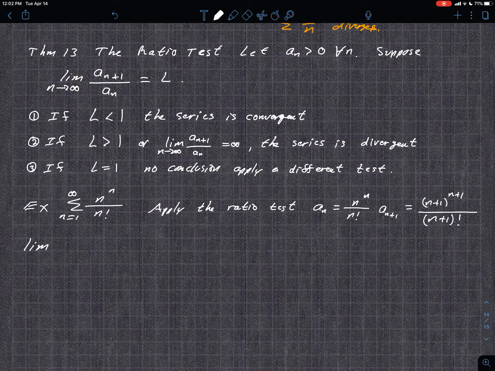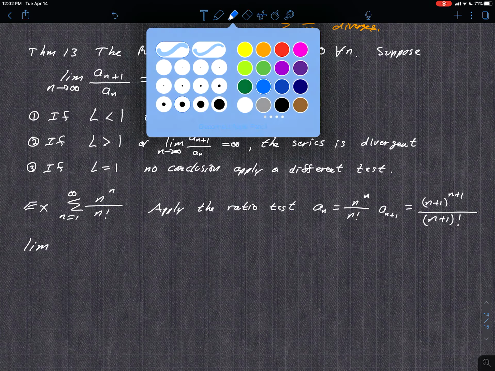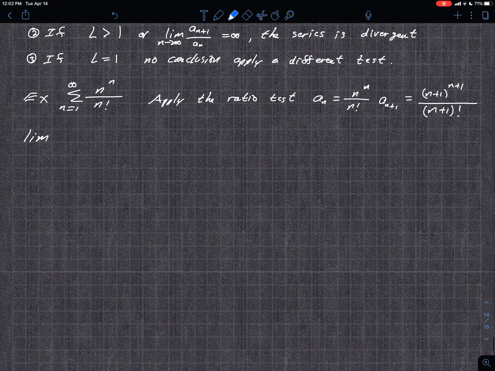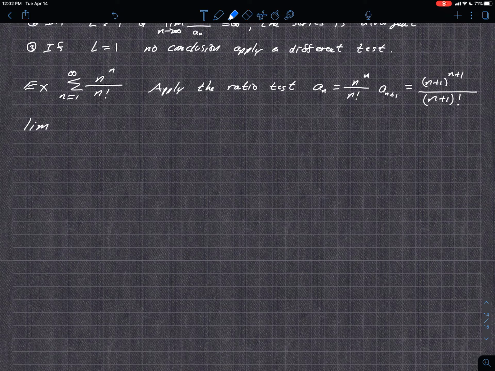Does it satisfy the hypothesis? Basically, yes, because it's positive. The only real issue here is that you have a positive term sequence, and that's true. So we have the limit of a sub n plus 1 over a sub n as n approaches infinity.